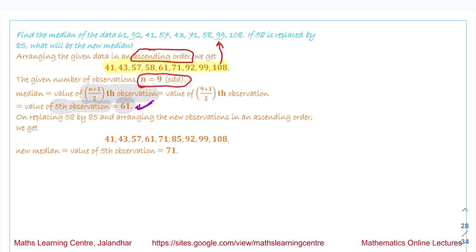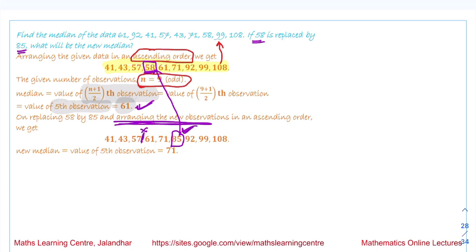Now if 58 is replaced by 85, then this 58 will be removed and 85 will be added over here, because now we have to arrange the new observations also. So 58 was lying over here and it has been removed.